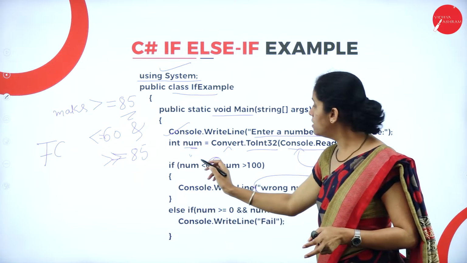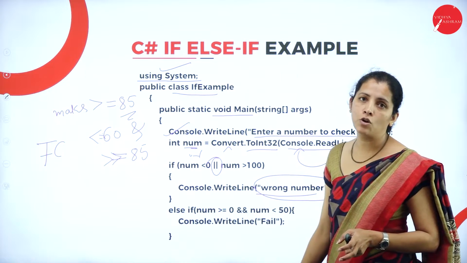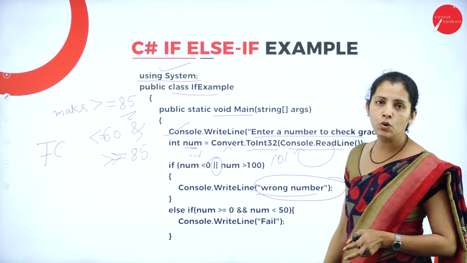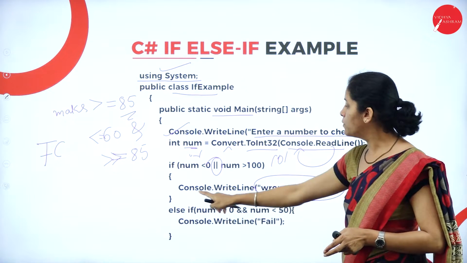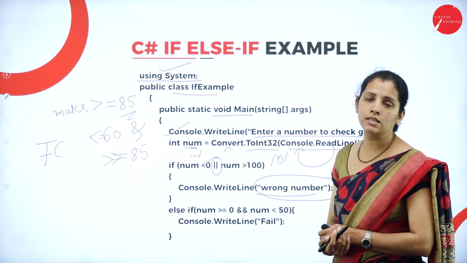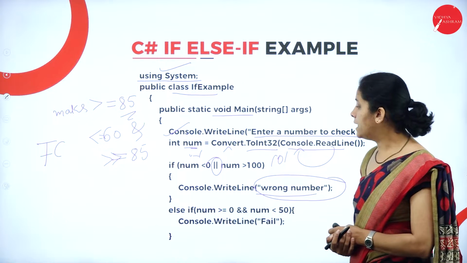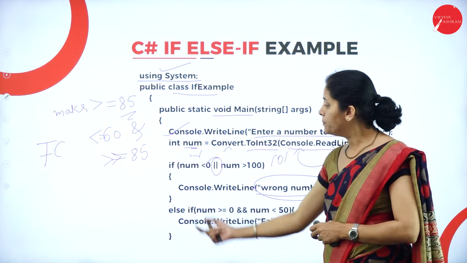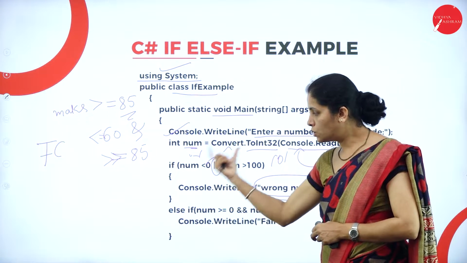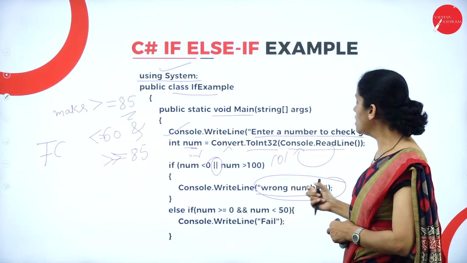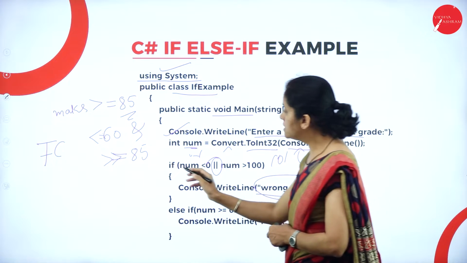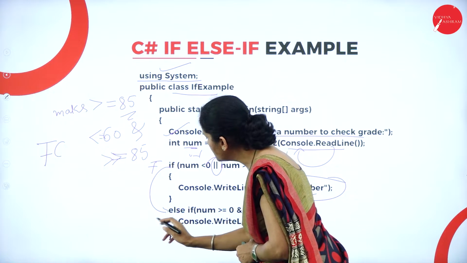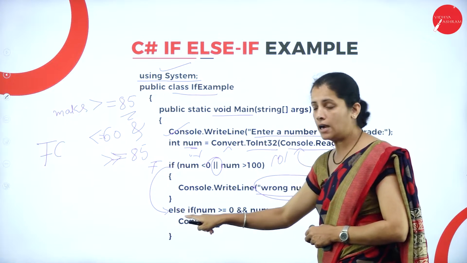If I enter -1, then it is wrong. If I enter 101, it's also wrong. So I'm going to display the message that it is a wrong number. Then once again, I'm going to check the condition. So if this condition is true, wrong number. If this condition is false, the control is transferred to the else part.